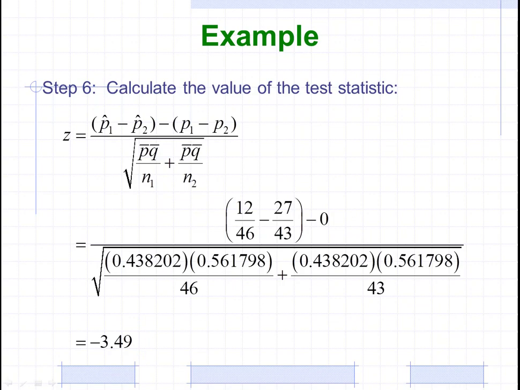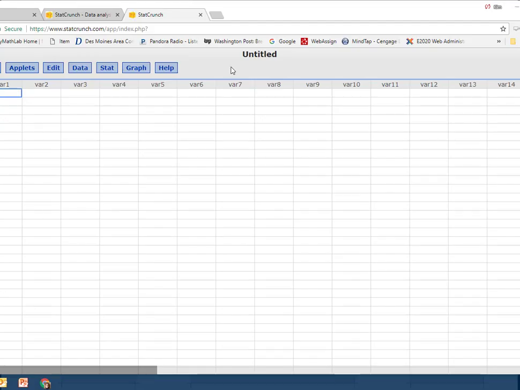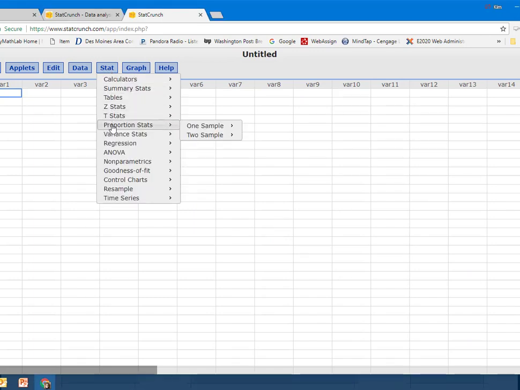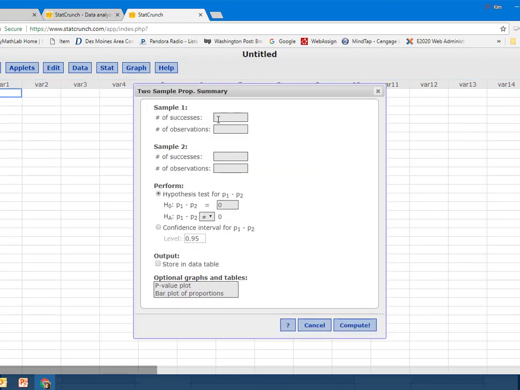Let's pause here a minute, and I'm going to pull up StatCrunch. So in StatCrunch, I'm going to do Stat, Proportion Statistics, Two Sample, but again with summary. And so I'm going to enter the number of successes in group 1, and remember that was my dollar bill group, and there were 12 successes out of 46, and in my 4-quarter group they were 27 out of 43.